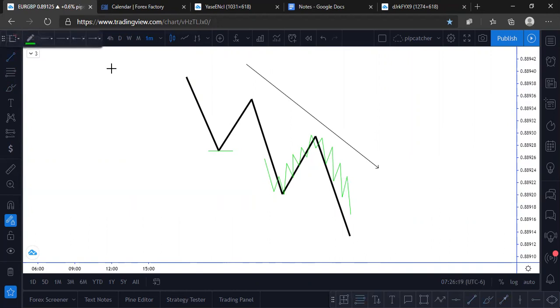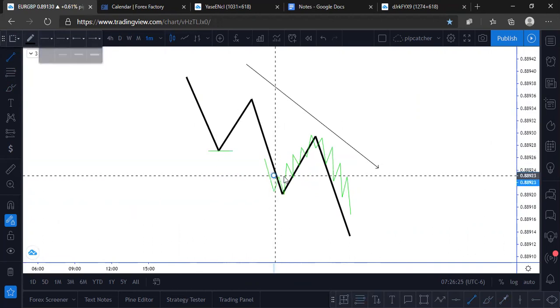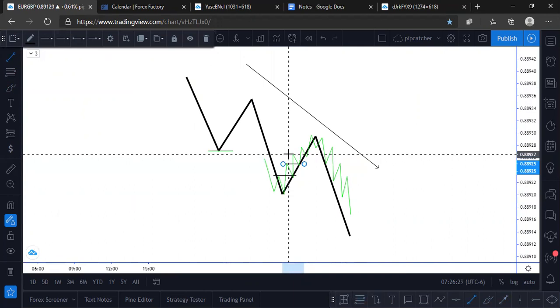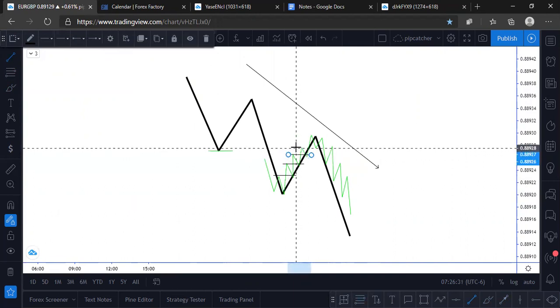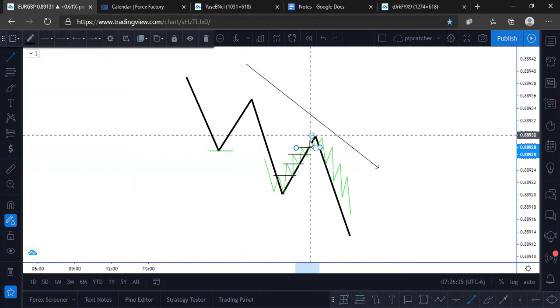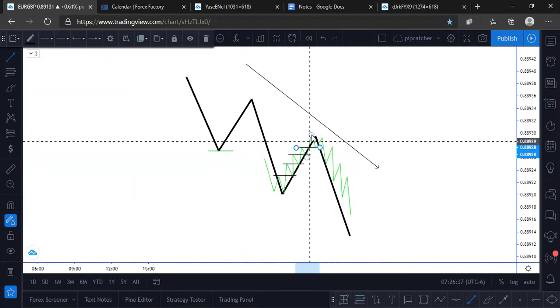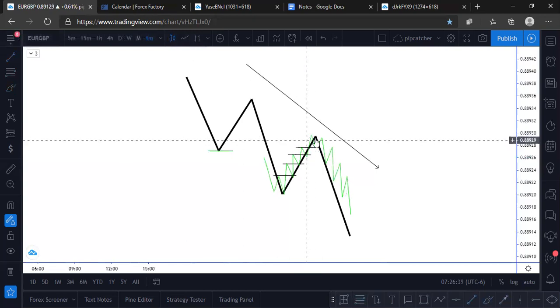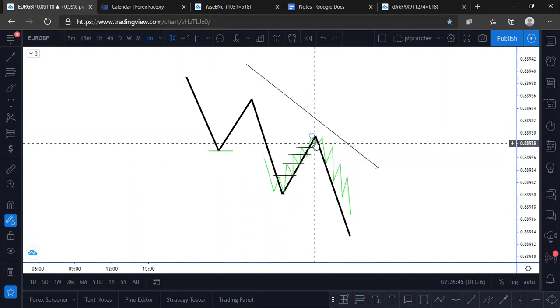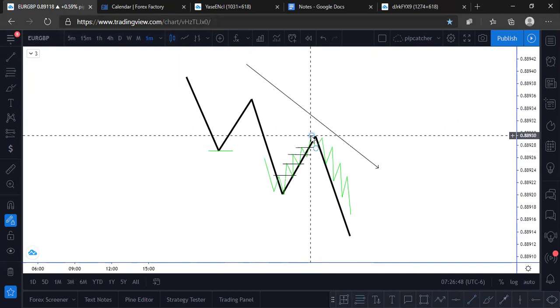They'll look at this and they'll say, well, structure got broken to the upside here and here and here and here, right? And then by that time, you would be buying into the end of that retracement. You would be buying into the end of that corrective move.